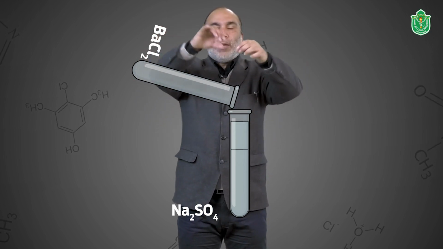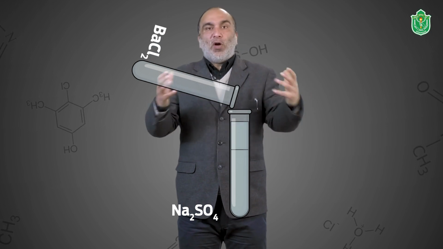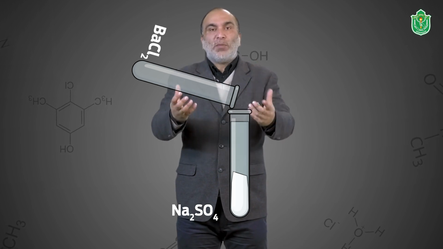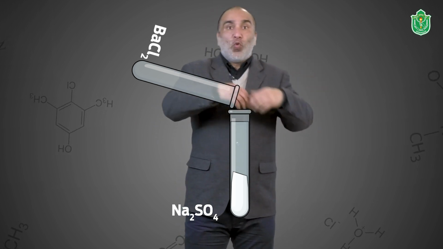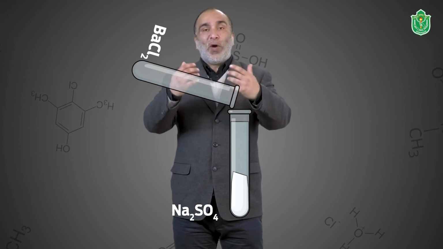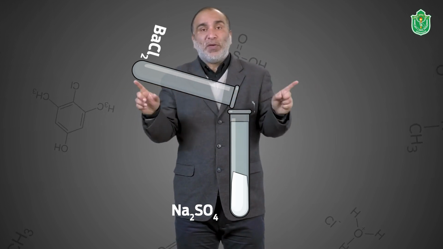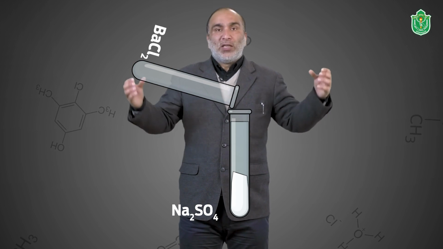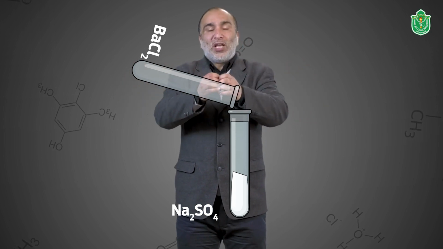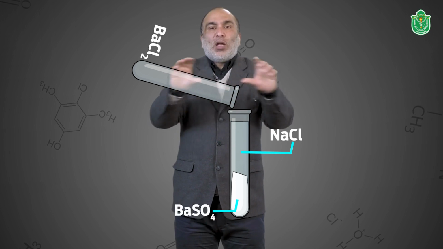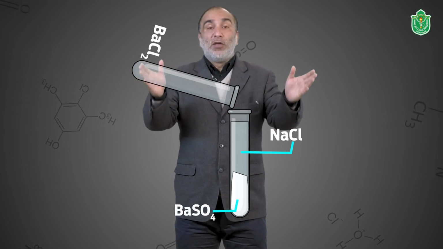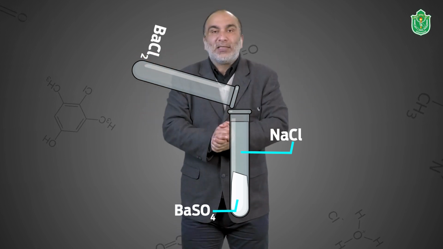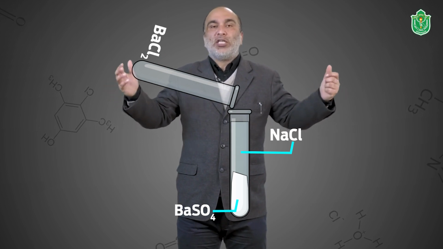And when I mix them, what I see is the formation of a white precipitate. Yes, the color of the reaction mixture changed from colorless to white. And this formation of white substance is due to the reaction between the two aqueous solutions, barium chloride and sodium sulfate. They react together and result in the formation of an insoluble product, barium sulfate, which appears in the form of a white colored precipitate, and our very common NaCl salt is also formed.